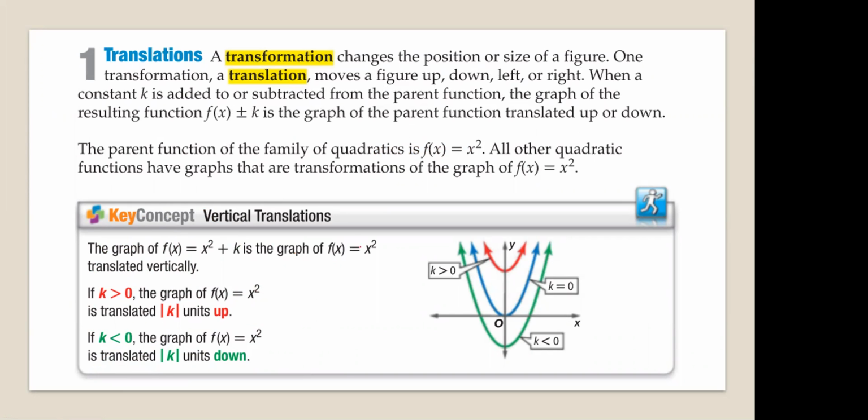So basically it's saying you have the parent function that is centered at the origin. If you're adding a value k to that, you're moving that parabola up. And if it's minus a certain value, then you're moving that parabola down.